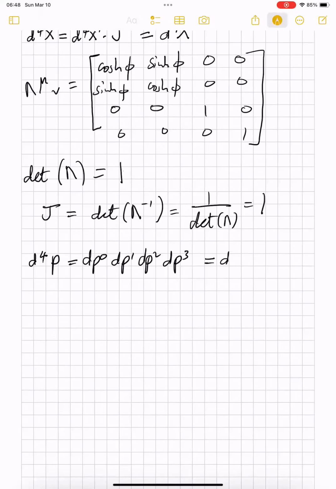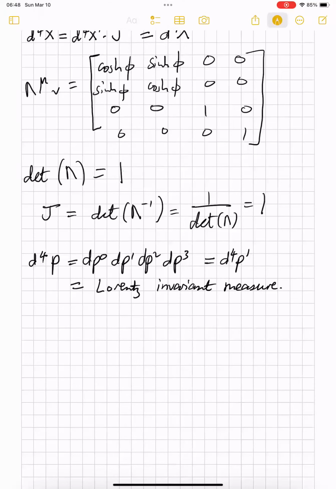This would also be Lorentz invariant by exactly the same argument. Just go ahead and calculate the Jacobian, and you'll find the Jacobian is 1. So this d⁴p is a Lorentz invariant measure.